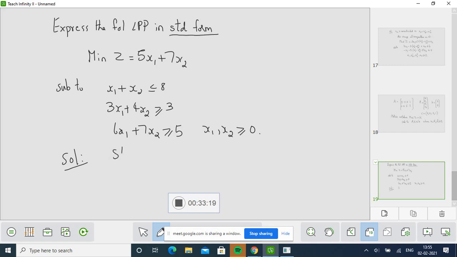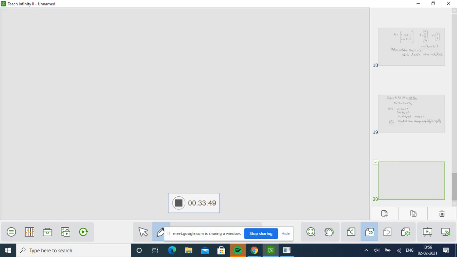In standard form, we change inequality to equality by adding slack and surplus variables.